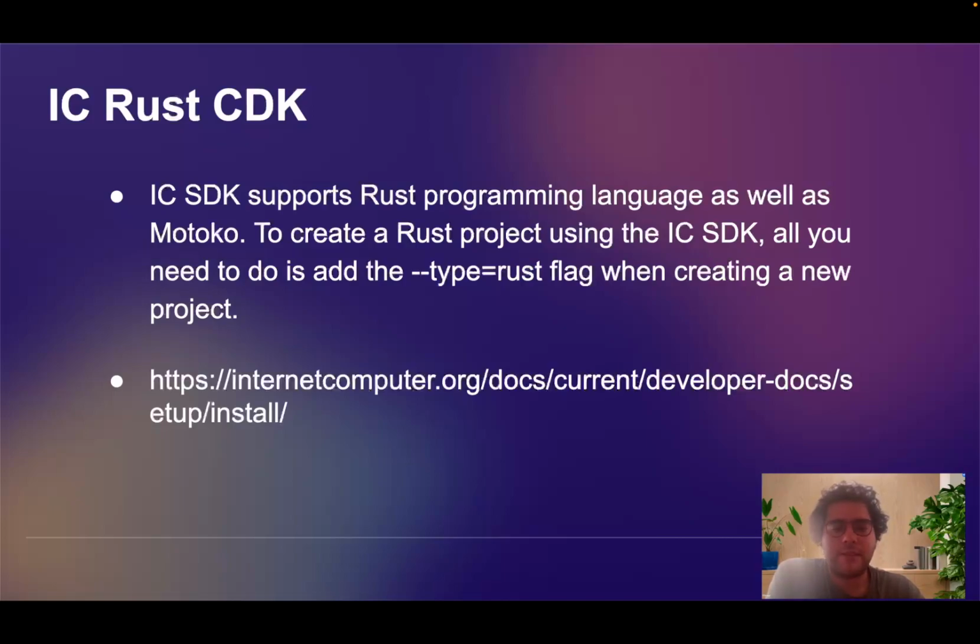There are several CDKs, canister development kits, for those purposes, but mainly Motoko and Rust are used for development on large-scale projects, and the documentation is richer compared to other languages and CDKs.